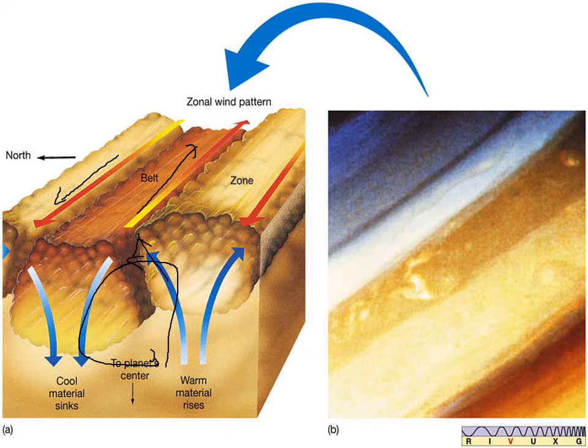And so where the air is sinking, you don't get a whole lot of clouds up at upper elevations. Where the air is rising, it condenses to make clouds up where it's very, very cold. So the zones are going to be those ammonia clouds that are very high altitude clouds.